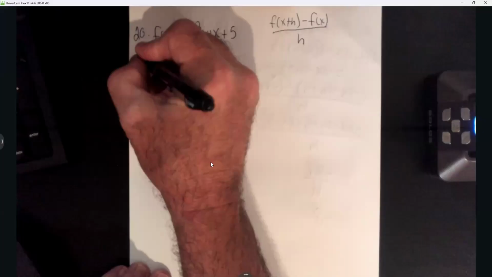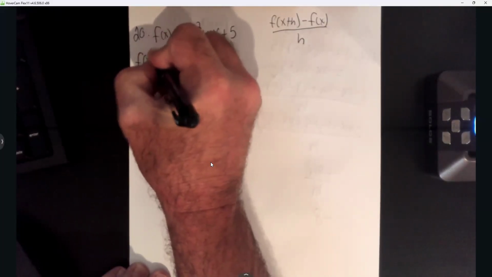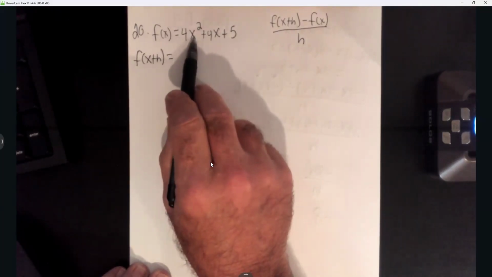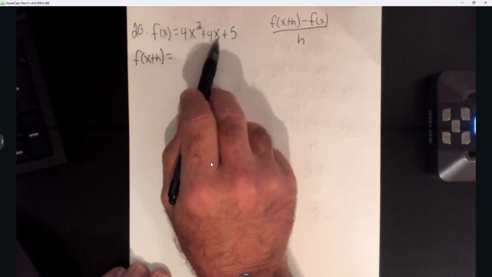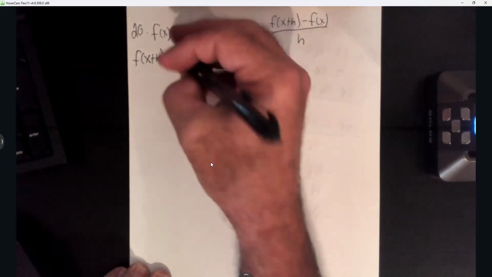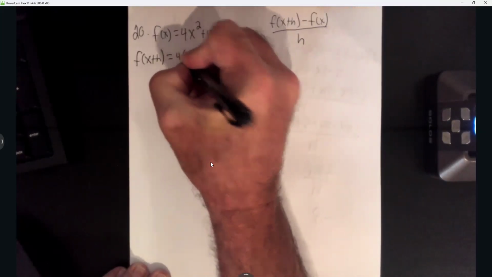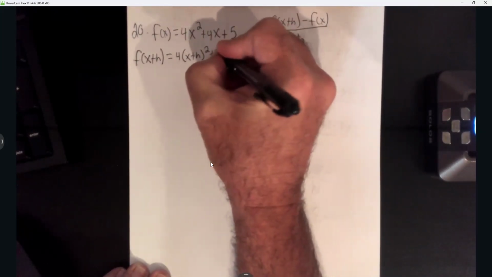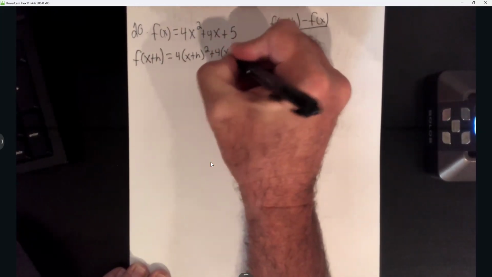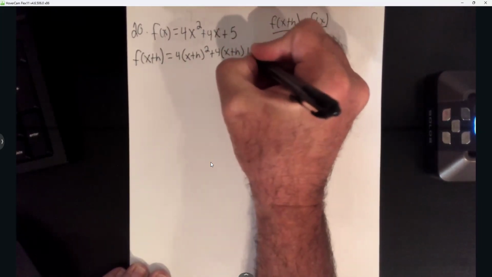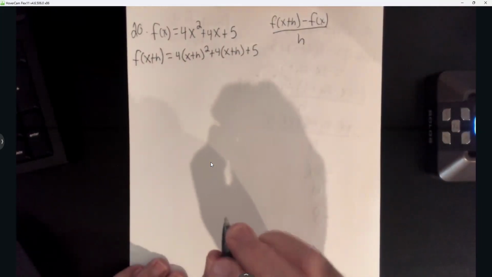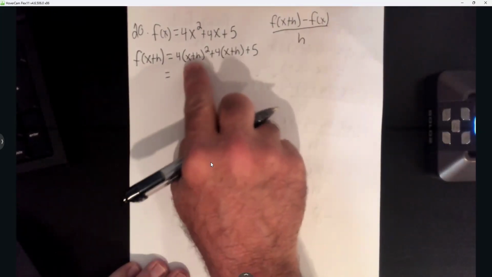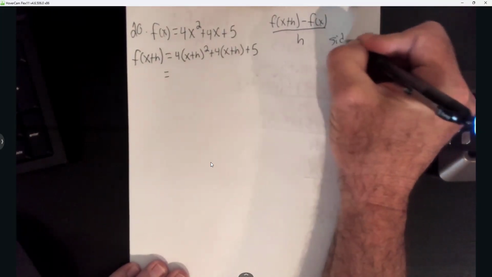So once again, the first thing I'm going to do is figure out f of x plus h. So put an x plus h here and an x plus h here for both of the x's, okay? So I got 4 times x plus h squared plus 4 times x plus h plus 5. All right, so the first thing I would do is figure out what x plus h squared is.